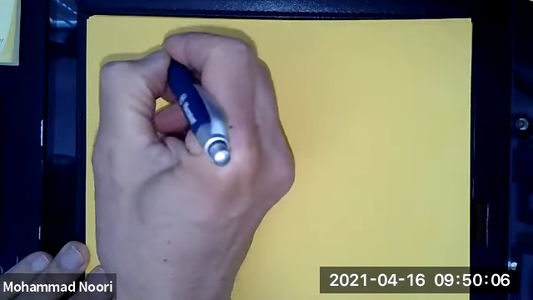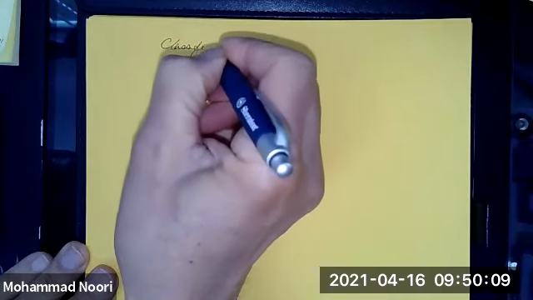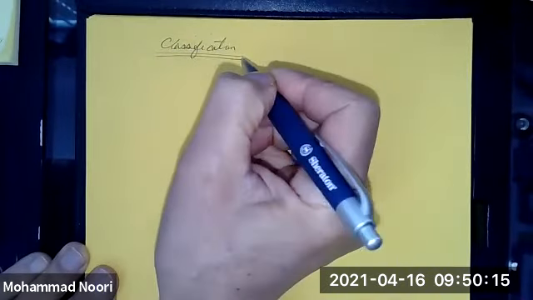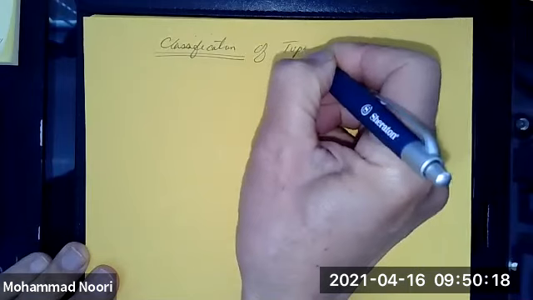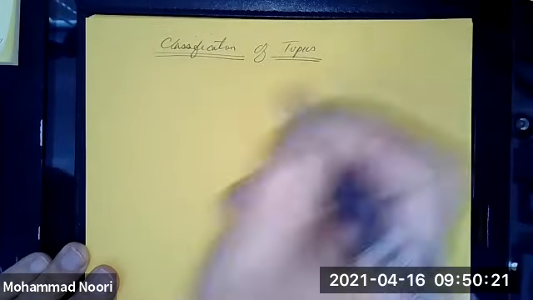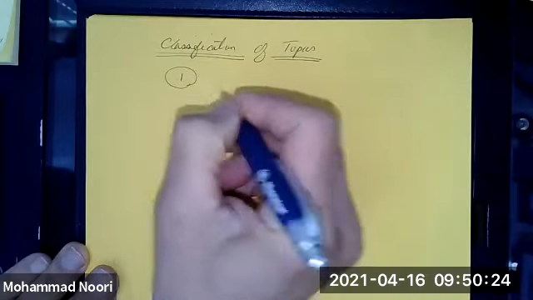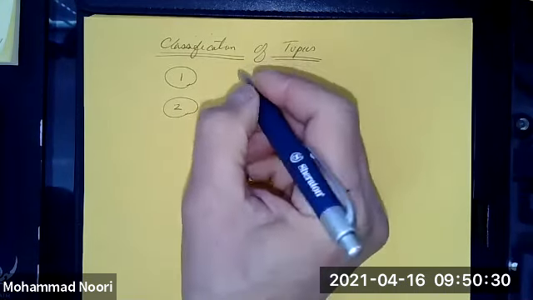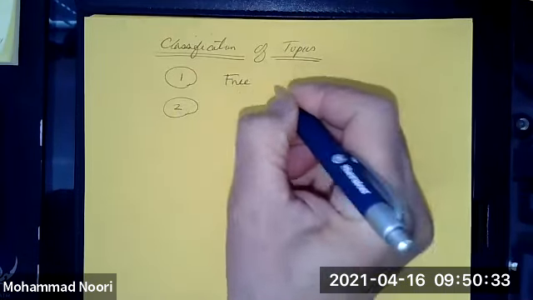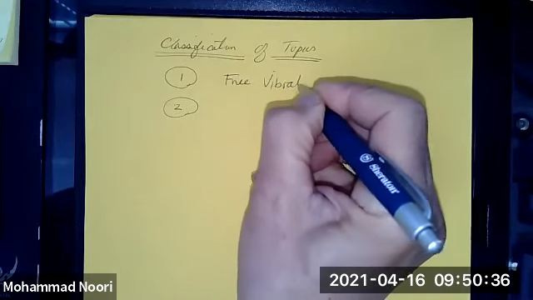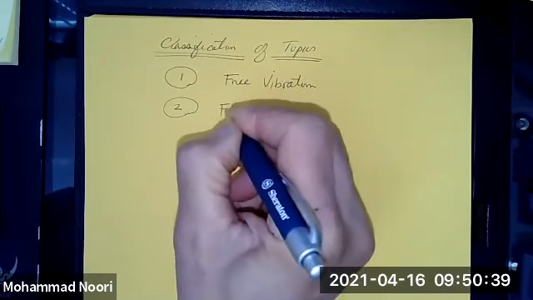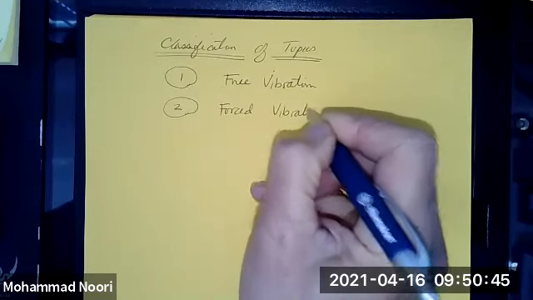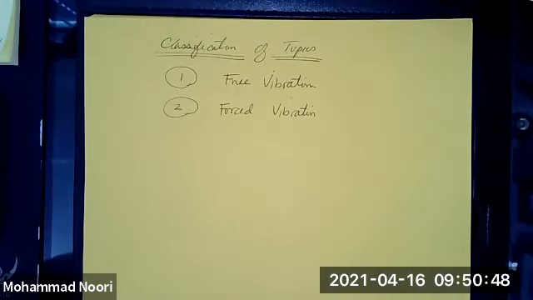I told you as far as the classification of the topics, in general, mechanical vibration is the study of vibratory motion of systems when they are freely vibrating, so we call that free vibration, or when they're vibrating due to the action of a force that continues to stay on the system.